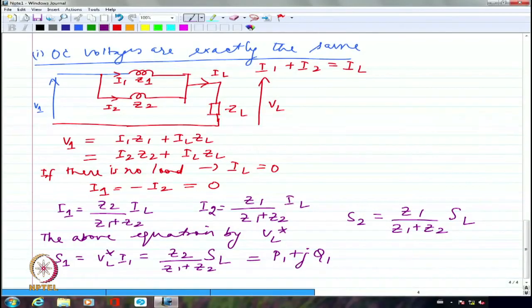So how exactly a particular kVA is divided between two transformers depends heavily upon the impedance of each of these transformers. If the impedances are equal, then I'm going to have equal current division. If the impedances are not equal, I will definitely have different values of currents being taken by different transformers, because of which I'm going to have a discrepancy in load sharing.